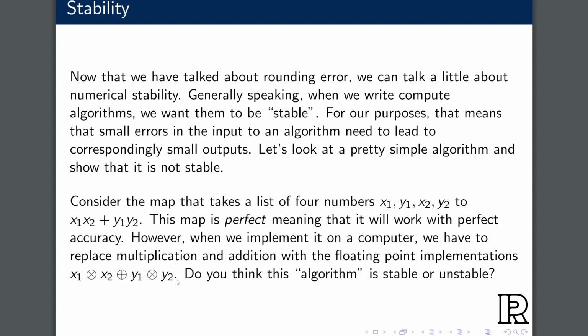If you look at the function that maps your input data to your output data, the stability of that map and the continuity of that map are the same thing. So that's fun. And whenever we write an algorithm, we want the algorithm to be stable.